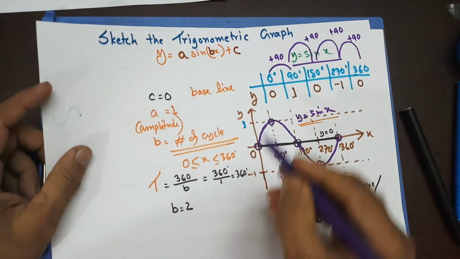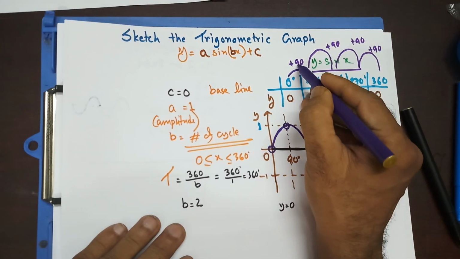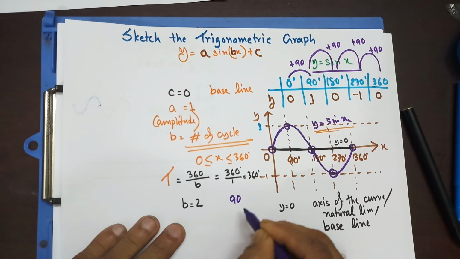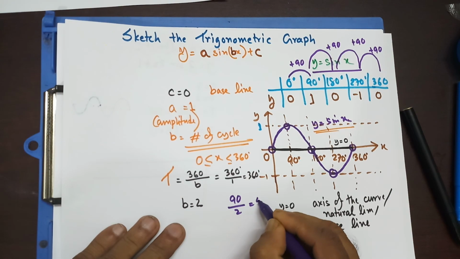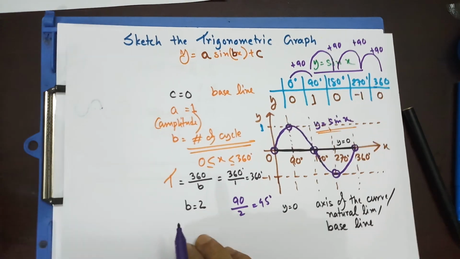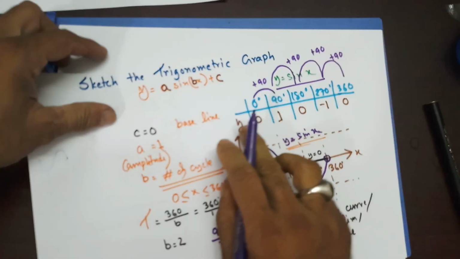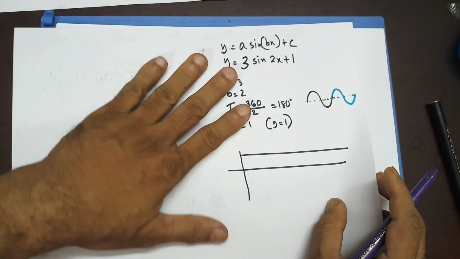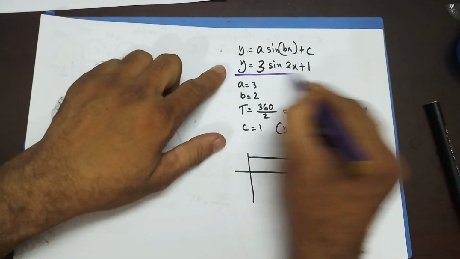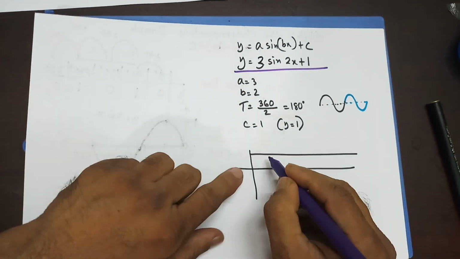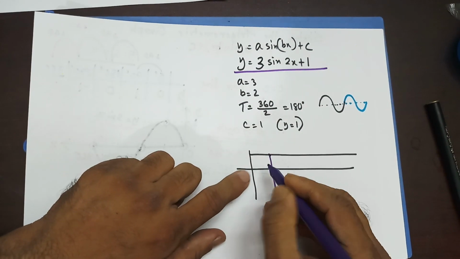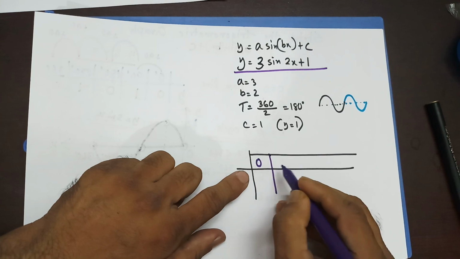Now when b is 2, this 90 gets divided by 2, and then it becomes 45. So instead of this kind of table, for the graph y = 3 sin 2x + 1, I'm going to change the points. First one, I'm going to put 0.